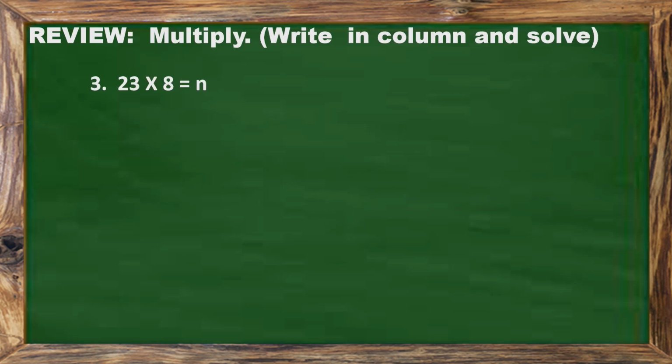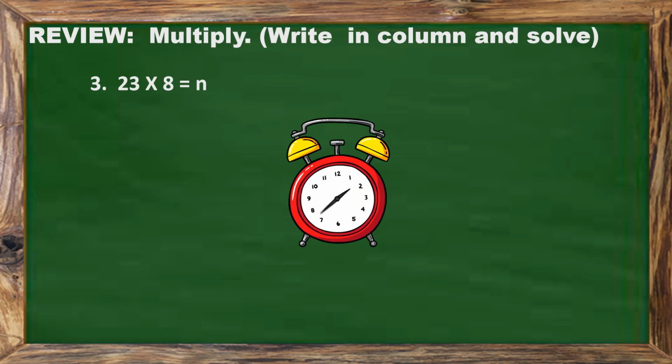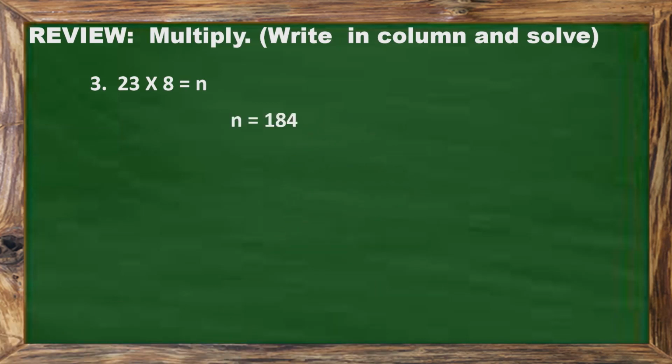Number 3. 23 times 8 equals n. So what is n? Correct, 184. Here is the solution. 3 times 8 is 24, bring down 4, carry 2. 8 times 2, 16, plus 2 is 18. So 23 times 8 is 184.